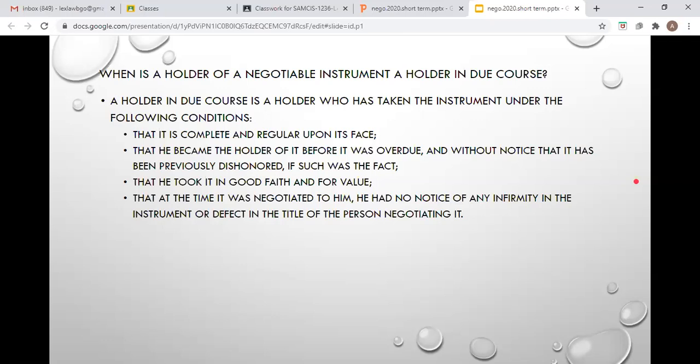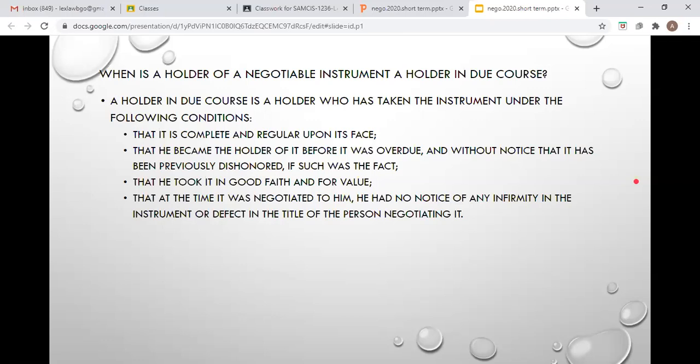Ano naman yung defect in the title of the person negotiating it? The title of a person is considered to be defective if he acquired it using the so-called vices of consent. Maalala nyo ba yon? In your obligations and contracts.